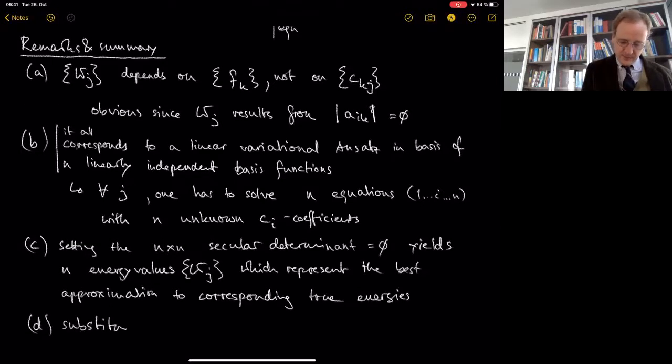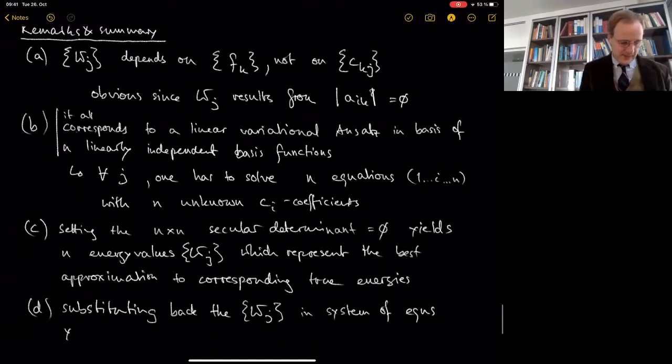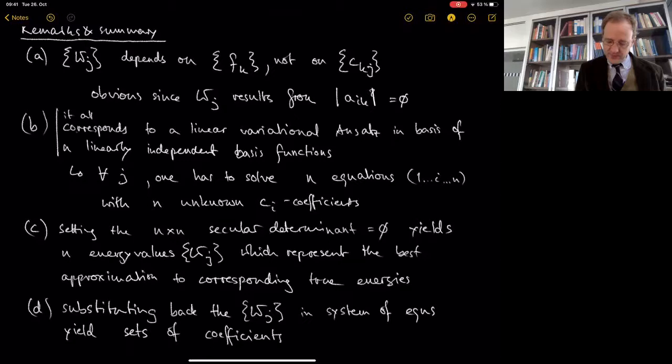Substituting back the W into the system of equations yields sets of coefficients. Okay. So C, what did we say?